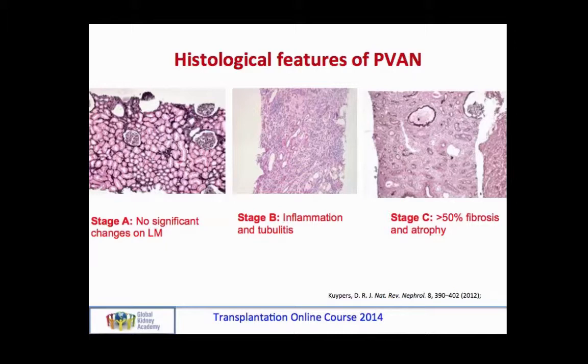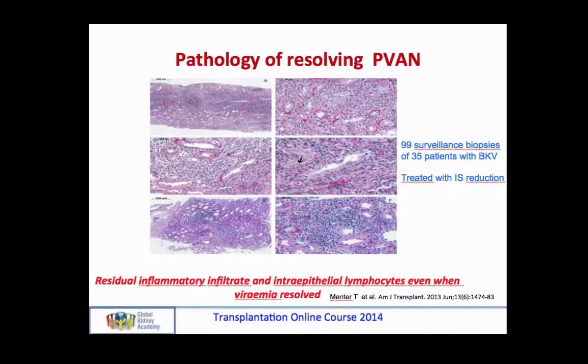Some people have suggested that coding for MHC proteins may help differentiate rejection from BK nephropathy. So this was a study that looked at the resolution of BK nephropathy, and it involved surveillance biopsies of 35 patients with BK viremia who were treated with immunosuppression reduction.